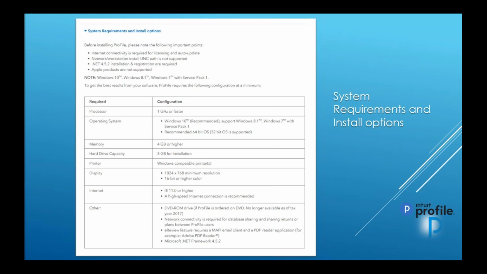Internet connectivity is required for licensing and auto update. Network workstation install UNC path is not supported. The .NET 4.52 installation and registration are required. So those are important.